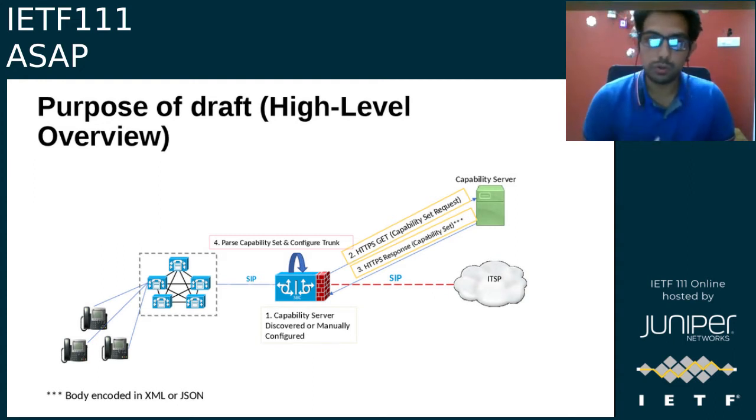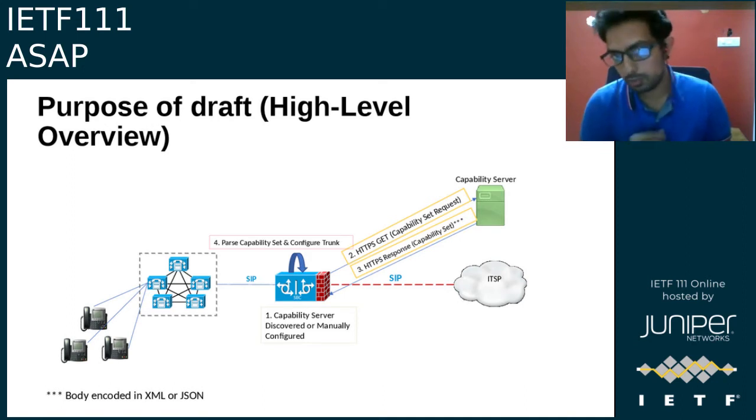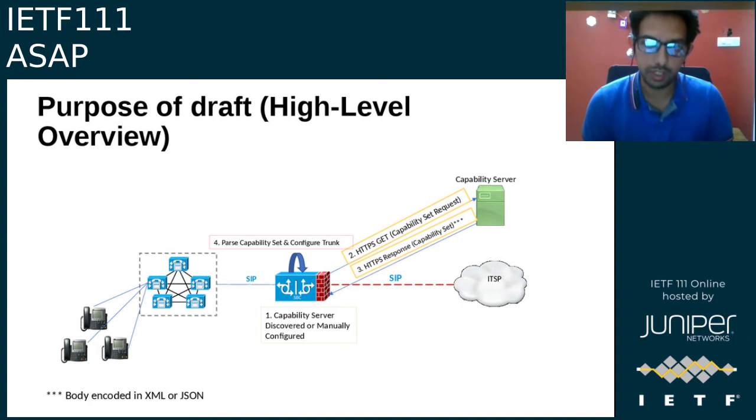So we really want to attack that problem and make it a much smoother process, where a capability set document is provided by the service provider. The capability set document contains all of the basic parameters that are required by the SBC to establish the SIP trunk with the service provider and get calls working as soon as possible.